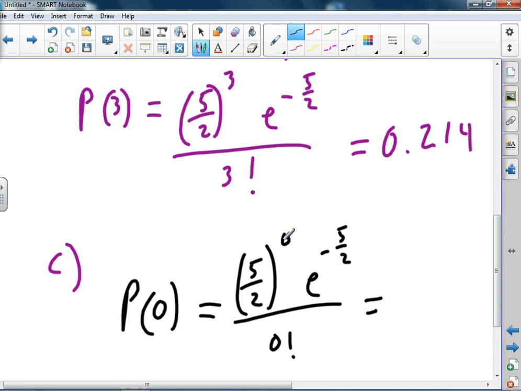Well, 0 factorial is 1 and 5 halves raised to the 0 is 1, so all we need is e to the minus 5 halves. 0.0821. The probability of getting no calls in 5 minutes.